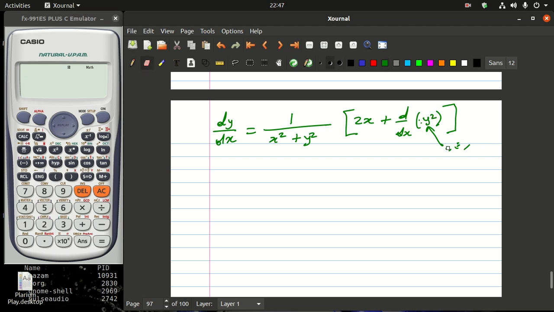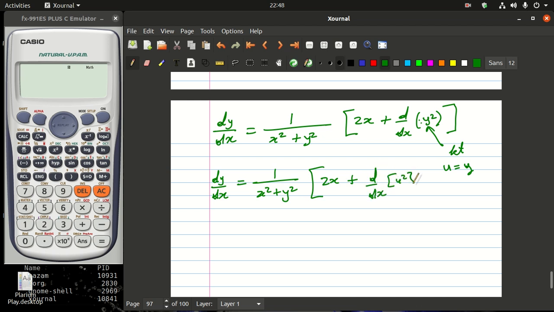So for that function here, let me just say u, and take note that this u is a new u, it's not the same as the one that we had above. So we have a u which is equal to y here. So this whole thing is going to say dy dx is equal to 1 over x squared plus y squared, and then inside I will end up having 2x plus the derivative with respect to x of u squared.